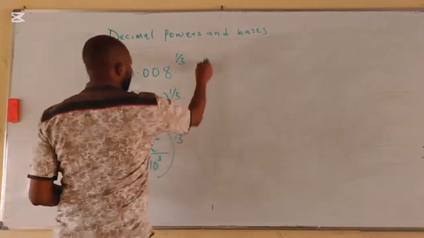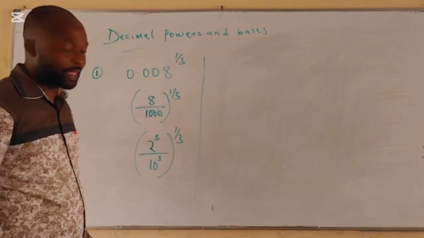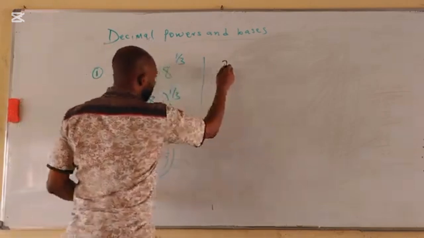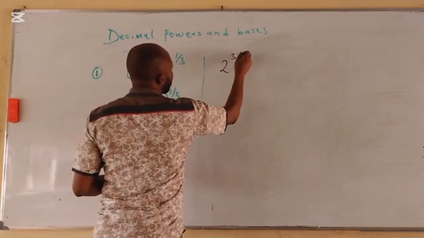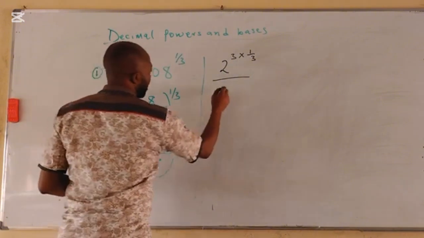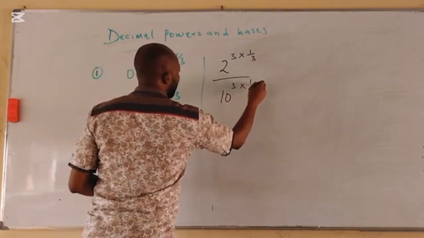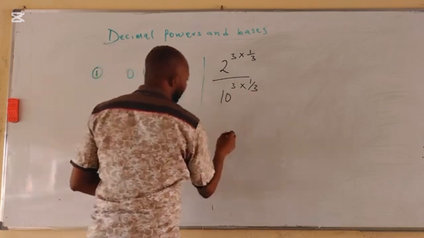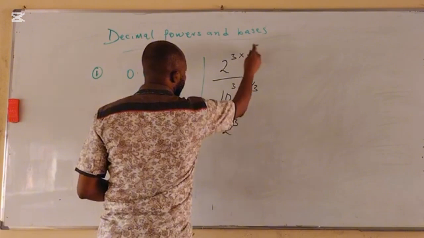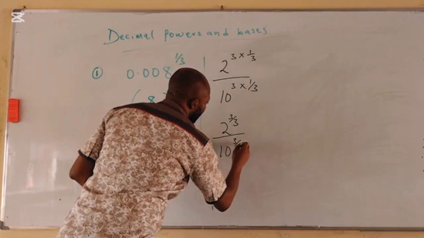With this, I apply my powers law: 2 raised to the power 3 times 1 over 3 over 10 raised to the power 3 times 1 over 3. So I have 2 raised to the power 3 over 3, over 10 raised to the power 3 over 3.